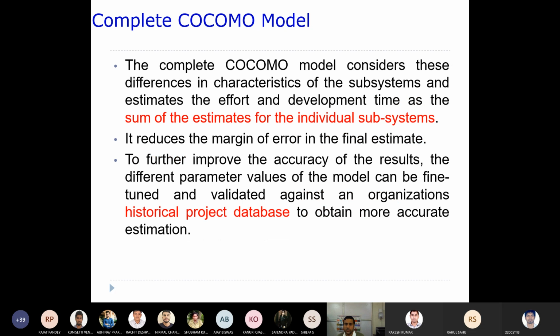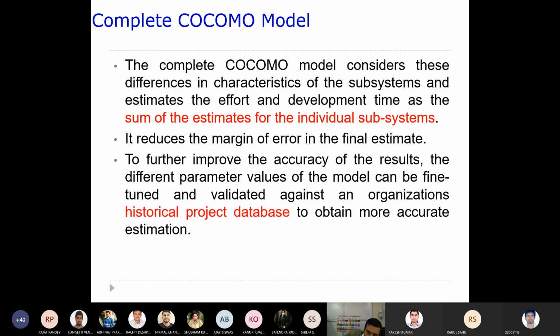According to complete COCOMO, you take into account the different characteristics of the subsystems, and then you get the estimate for each and every submodule or subsystem. The sum of the estimates for all the individual subsystems gives you the overall project cost and effort. This is the way it removes much of the error in the final estimate.